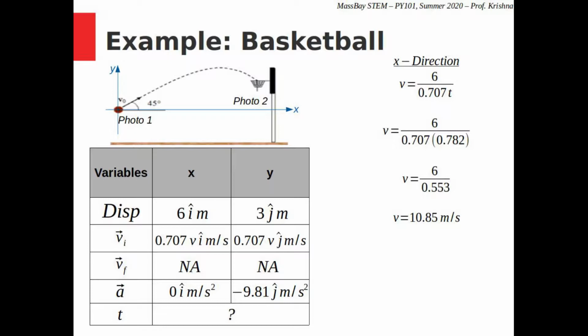It is 10.85 meters per second. This is a case where we didn't have enough information about the motion of an object in either direction, but we could use an implicit value that was common to both directions, theta, to set up a pair of simultaneous equations, and we solved these to find v.